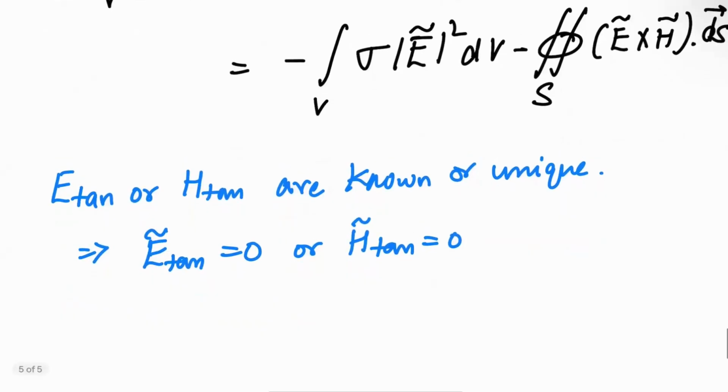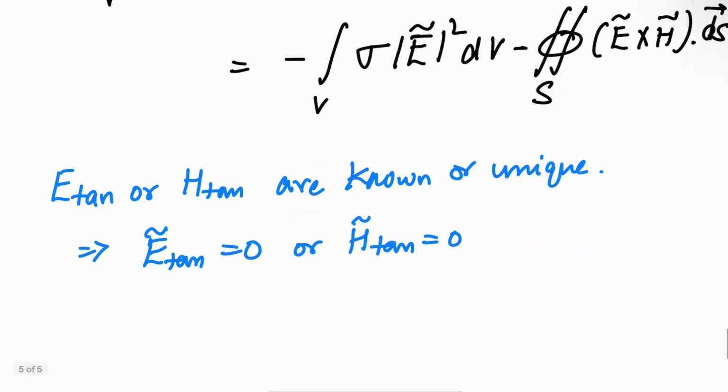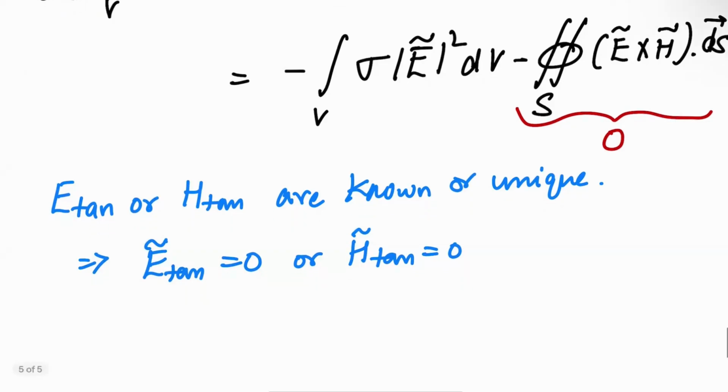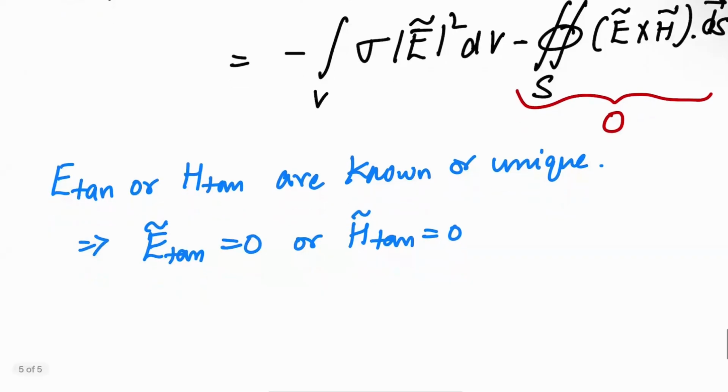Since E1 and E2 are unique, they have to be equal. So E tilde tangential is 0 or H tilde tangential is 0, and that makes this whole integral equal to 0, because one of those terms is always 0, the tangential component, which is what you extract when you take the dot product with dS. So that goes to 0.